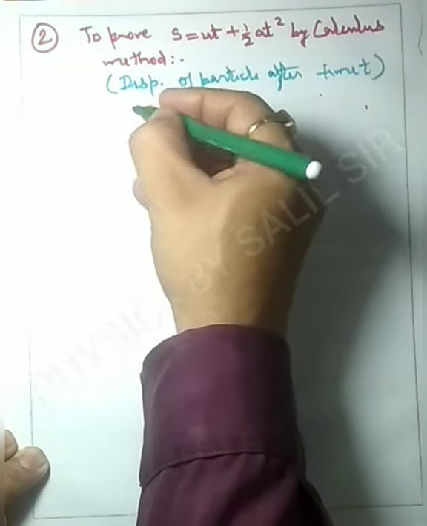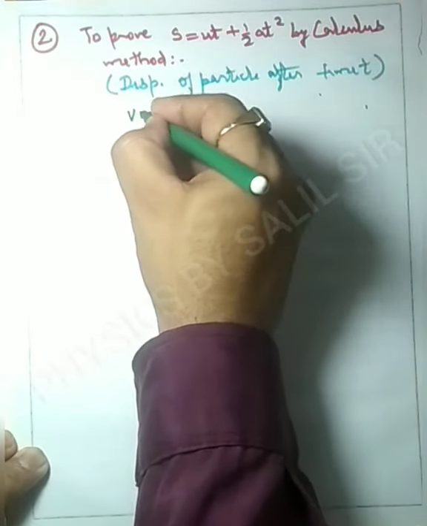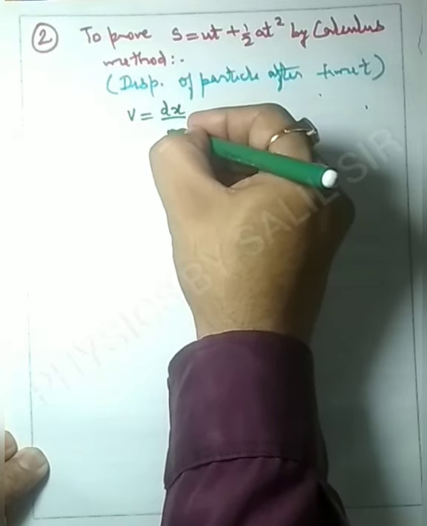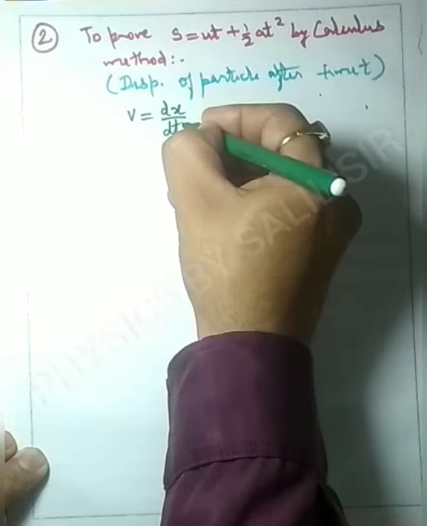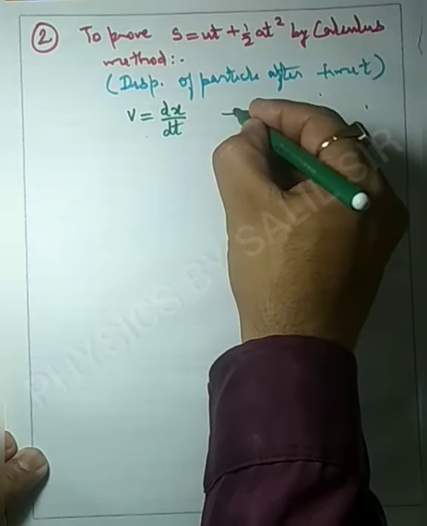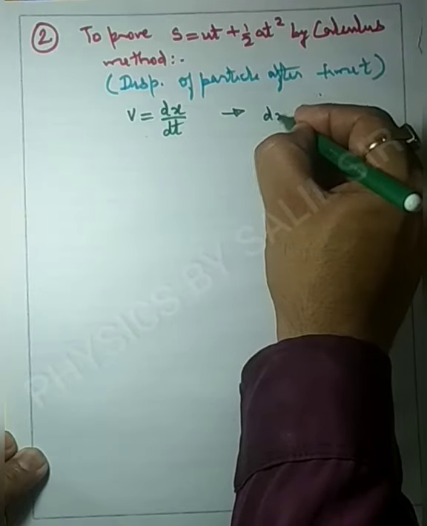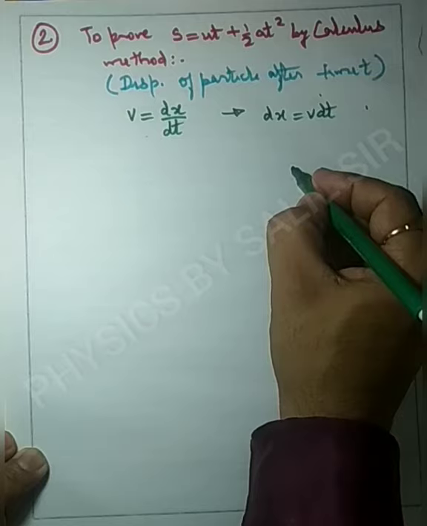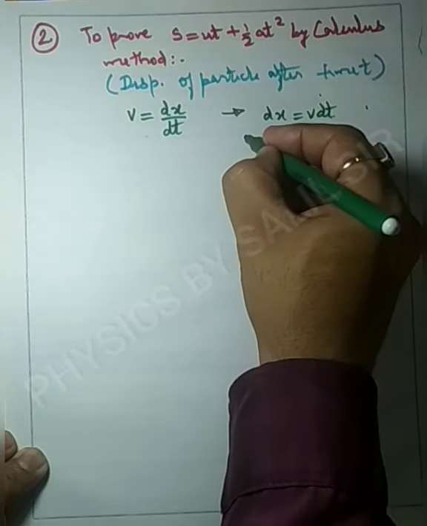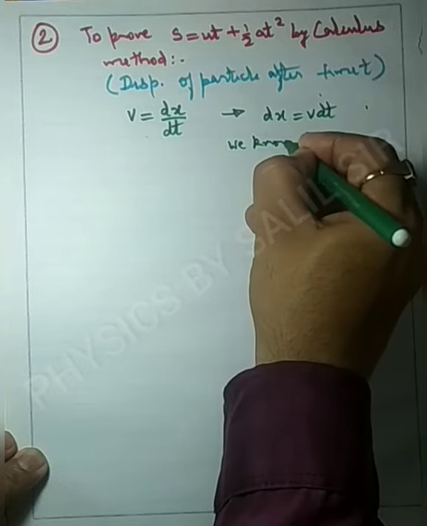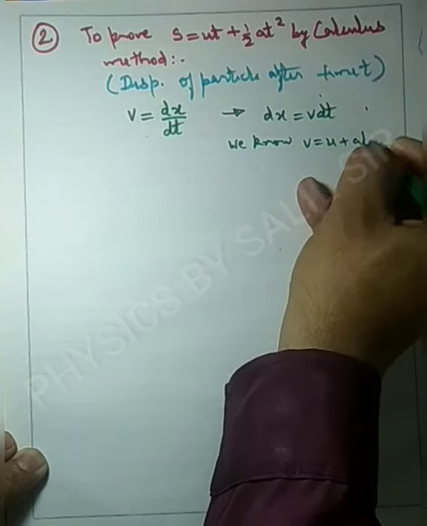So let's start this. We know that velocity is represented by the ratio of displacement and time. Displacement is dx and time is dt. So v is equal to dx upon dt. Cross multiply this, we will get dx is equal to v dt, and we have proved v is equal to u plus at.